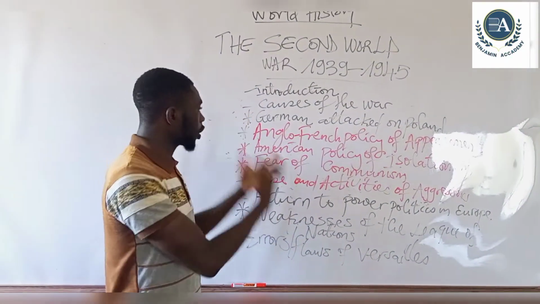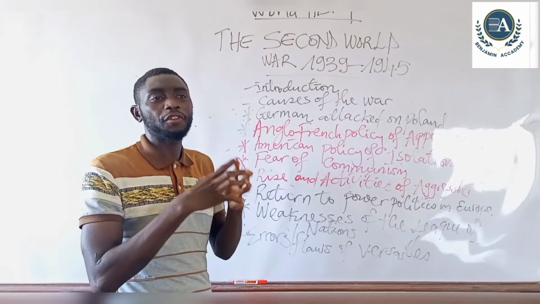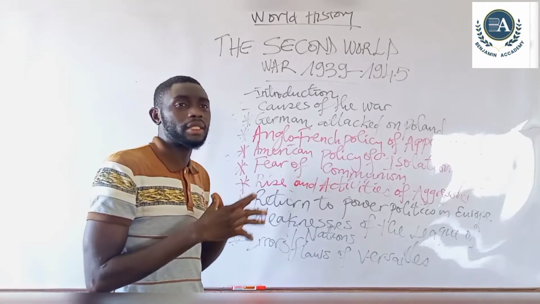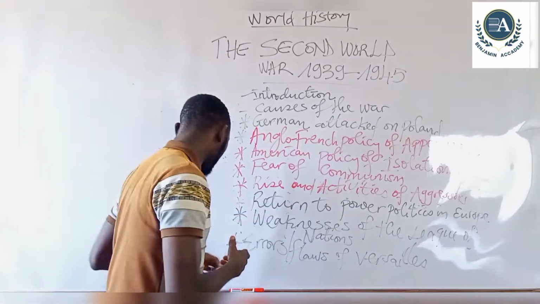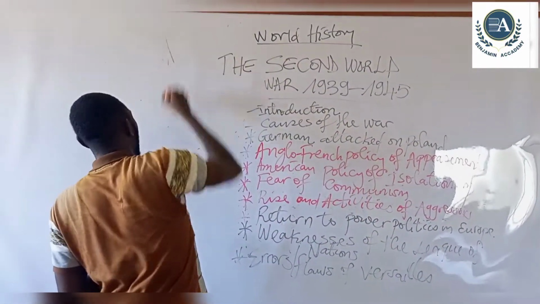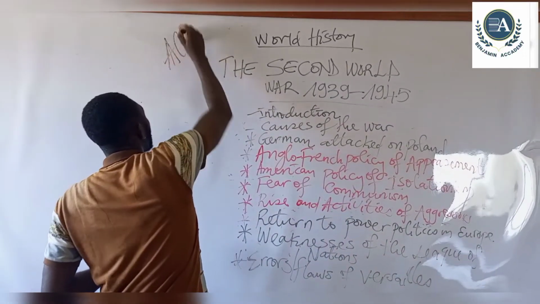Now, the Second World War was a global confrontation that was fought all over the world from the 1st of September 1939 right up to August 1945. This war was fought by two camps. We have the Allies, which we could call the Western democracies.